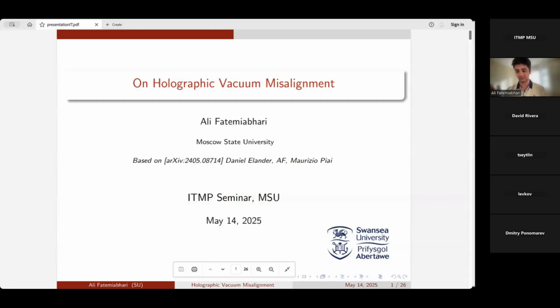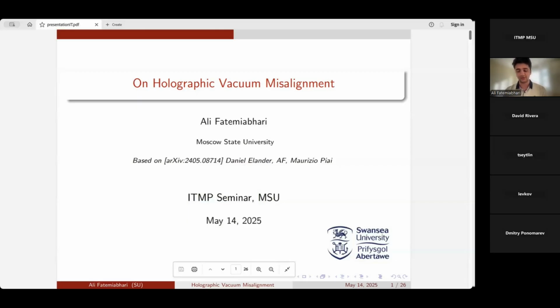For example, if we find a UV completion for the standard model, the mass of the Higgs may always remain as a free parameter. It might not be determinable from the UV completed theory. And basically, one of the few solutions for this problem is that the Higgs is not a fundamental particle, but a composite state coming from a new sector added to the standard model.